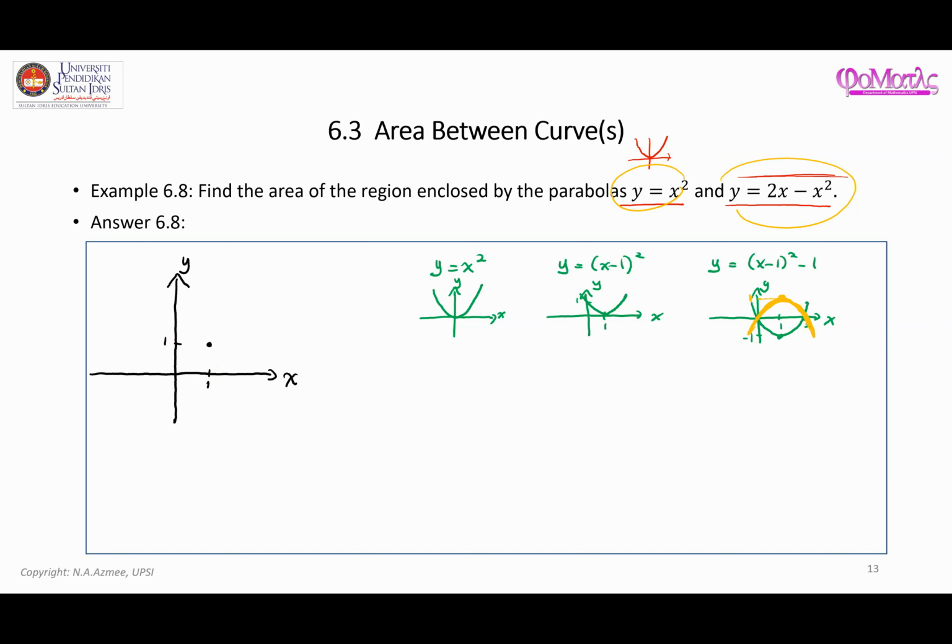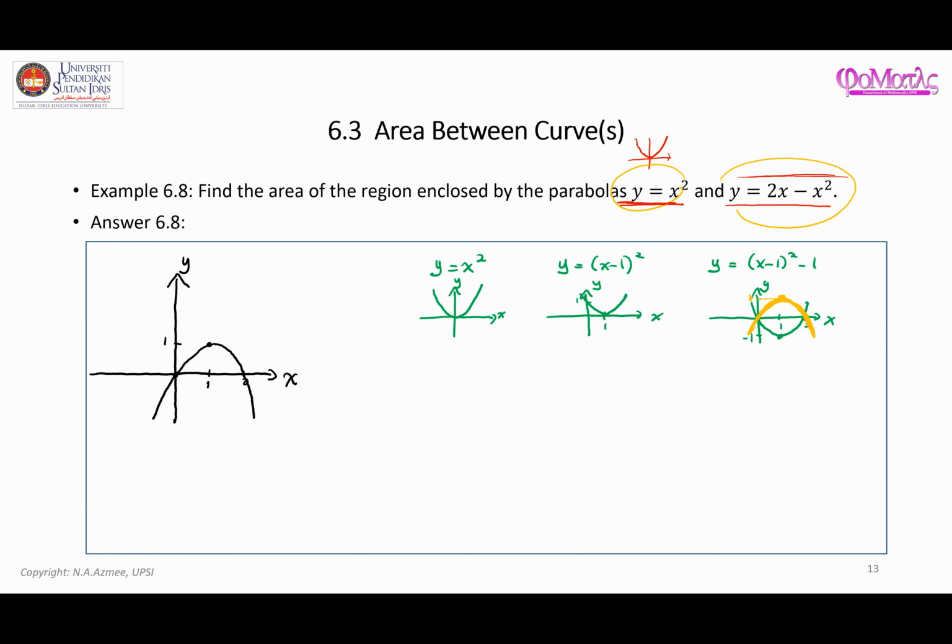There is a maximum point here, and it touches the x-axis at x equals 0 and at x equals 2. So this is how the graph is going to look like. Next you have another graph, which is y is equal to x squared.